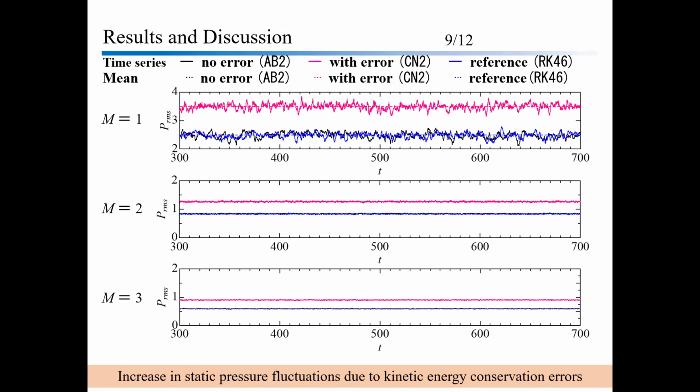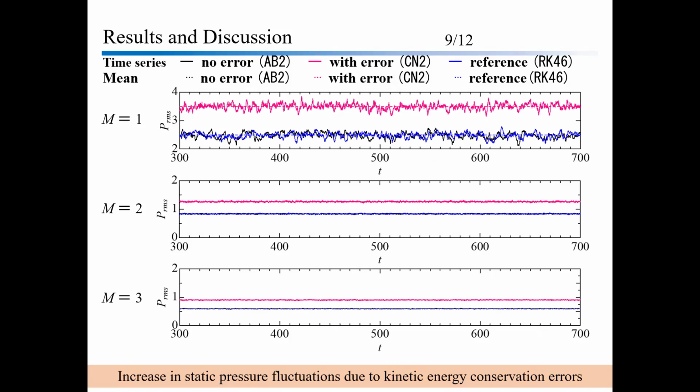This study examines fluctuation of static pressure. Figure 5 presents the time series of the spatial RMS of static pressure variation for 6 conditions at Reynolds number 300. Over non-dimensional time 300 to 600 for all external forcing conditions, the spatial RMS varies significantly with time, both with and without kinetic energy conservation error consideration. For m equal 1, the RMS fluctuation is around 2.5 when conservation uncertainty is negligible, but increased to about 3.5 when uncertainty is present.